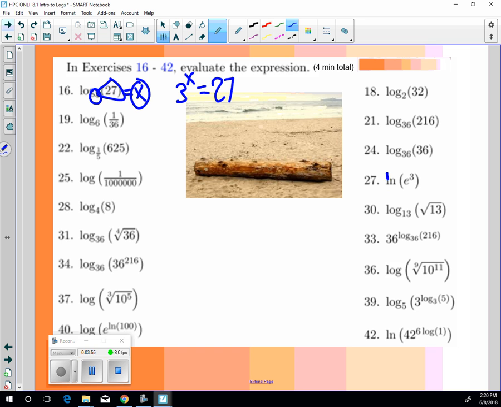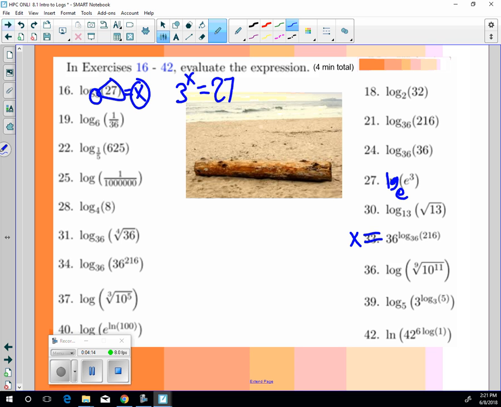Again, if you don't see a log base, it's base 10, but if you see ln, it's base e. If you set this one equal to x, you get x equal to 36 to the log base 36 of 216.